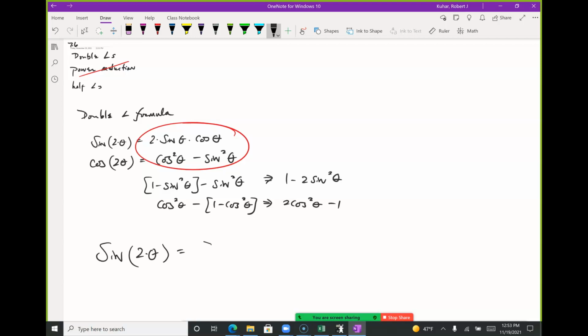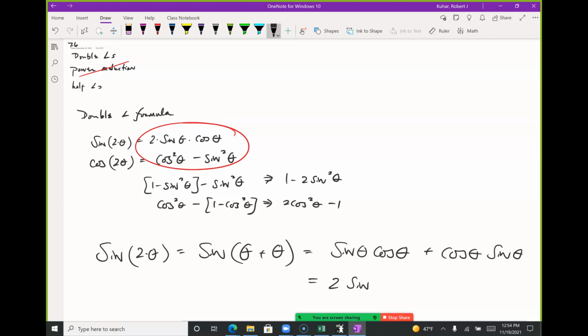So sine 2 theta is sine of theta plus theta. So you can see I turn it into an alpha plus beta problem, right? And so this is sine alpha cos alpha plus cos alpha sine alpha. And you can see I have 2 sine alpha cos alphas. And there it is: 2 sine theta cos theta. Done. Easy.